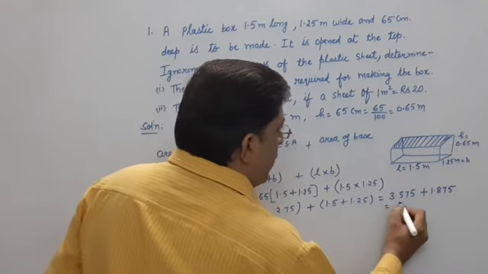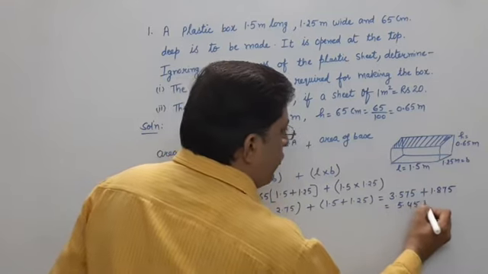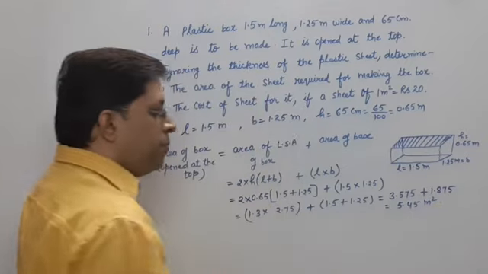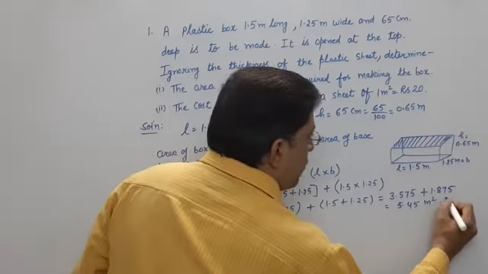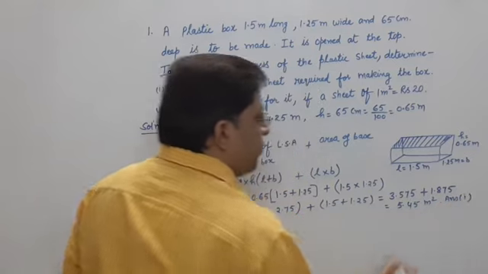After adding, you will get 5.45 meter square. This is your answer number 1. You can write here answer number 1.